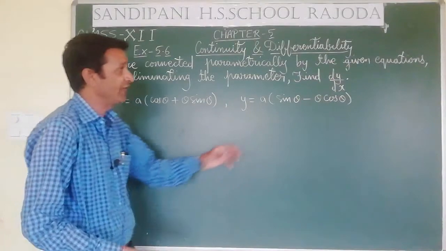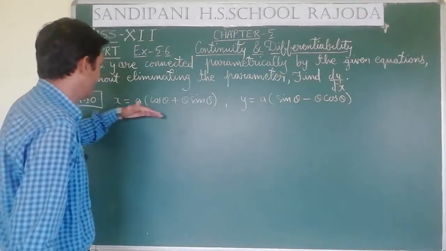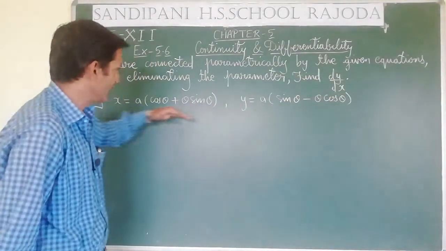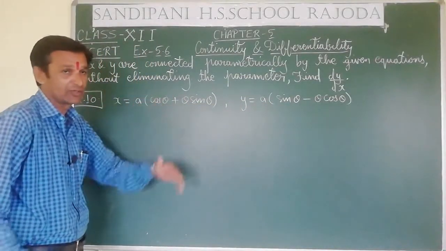Basically we have to find dy by dx, but for this, first of all, x is a function of theta and y is also a function of theta only. That's why we have to differentiate x and y with respect to theta.